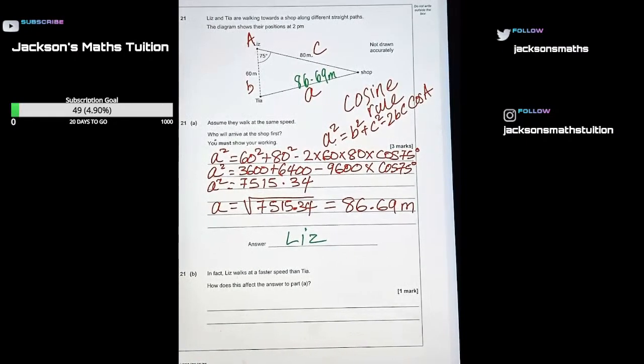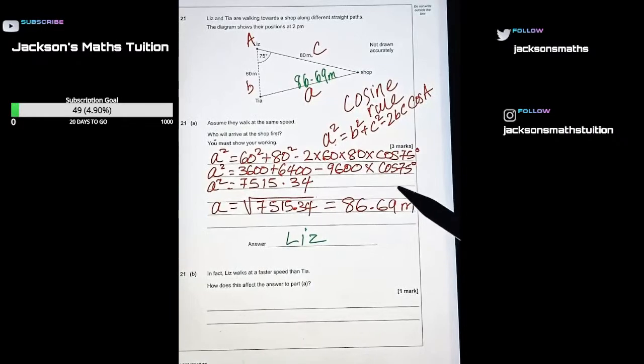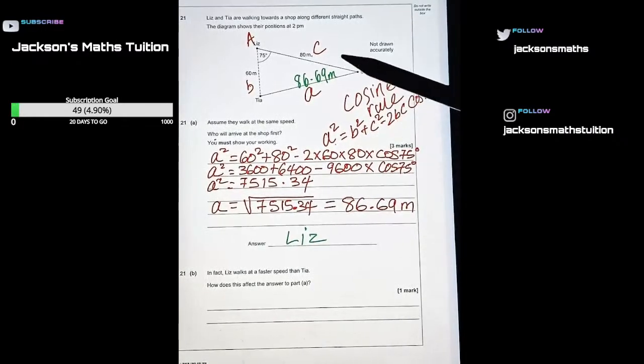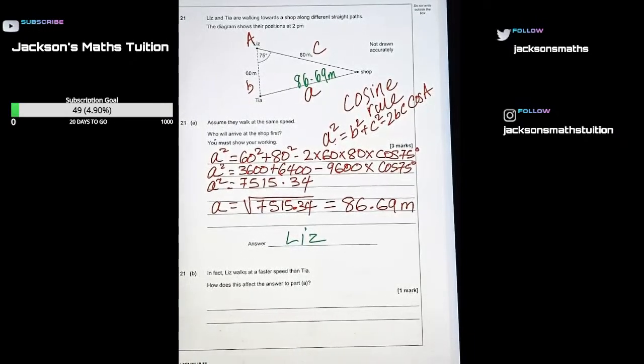Part B. In fact, Liz walks at a faster speed than Tia. So if Liz is walking at a faster speed, she's already going to the shop first because she has a shorter distance. And if she increases her speed, then that means that there won't be any change. She will still arrive earlier than Tia.